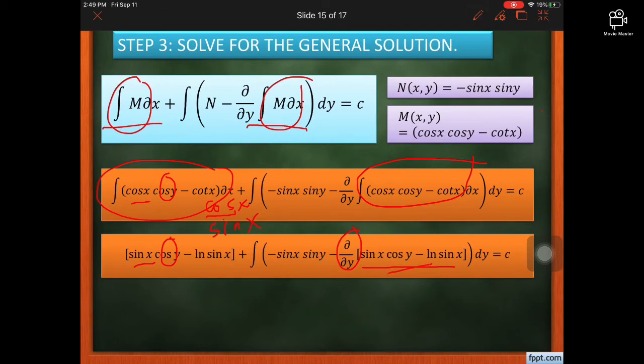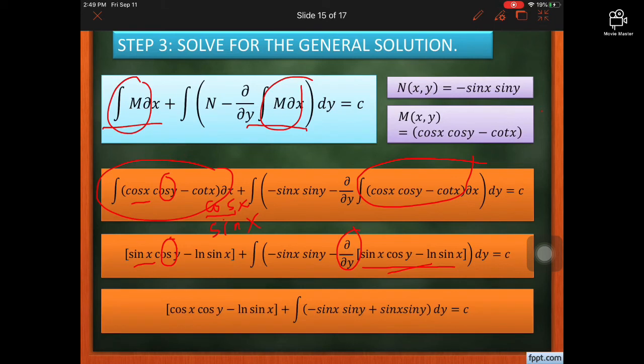Deriving that function with respect to y, we just need to copy this. So copying that, we have negative sine x sine y. And then deriving the function sine x cosine y minus ln sine x, treating variable x as constant, the ln sine x derivative is just equal to 0.